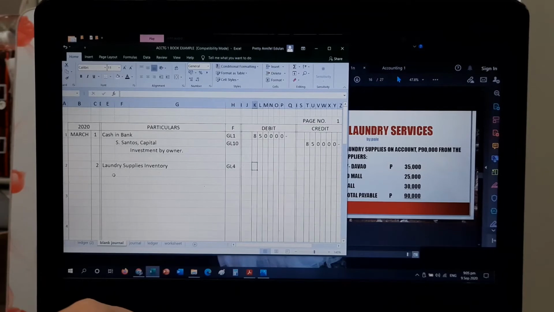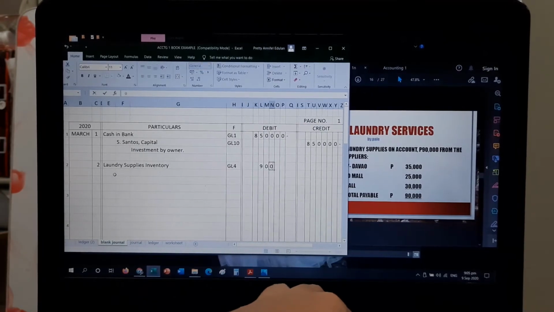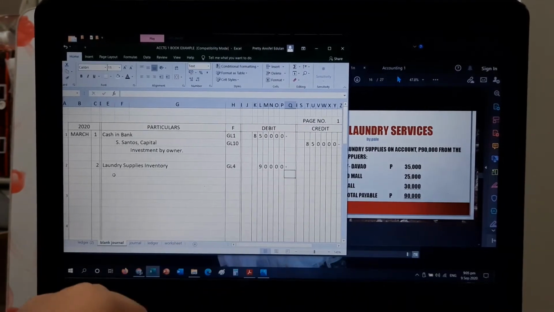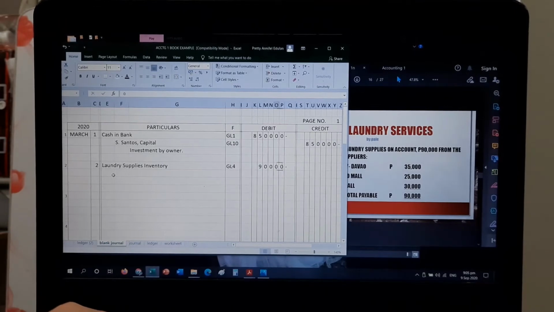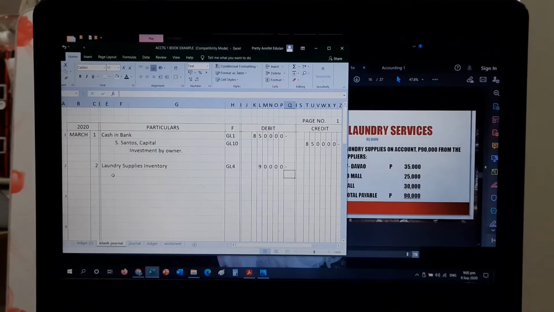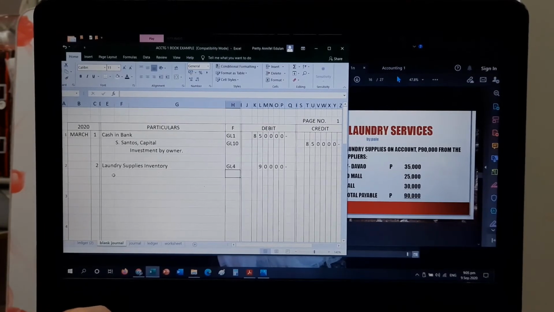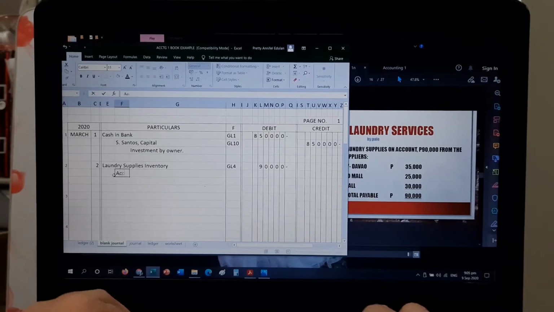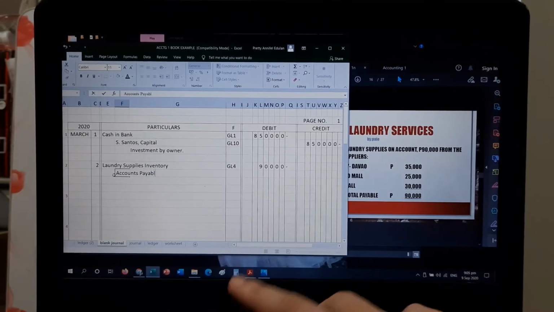So that is for the amount of 90,000. If you have mastered the money columns already, you could start from left to right. But if you haven't yet, you could start from right to left. Either way, you still get the correct answer provided you know the place values. So what's our credit? We have already established that it is accounts payable.